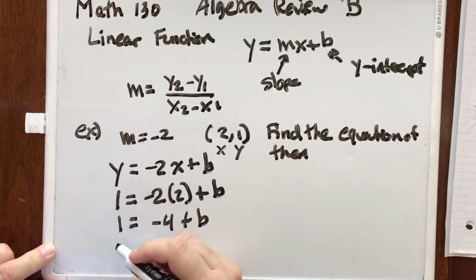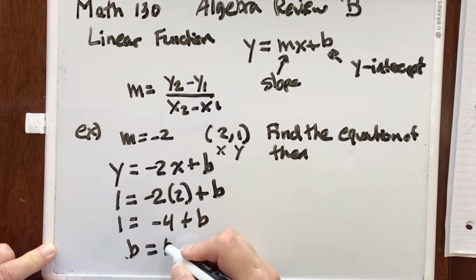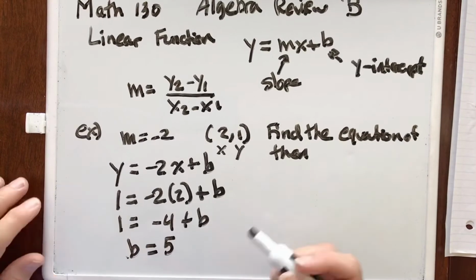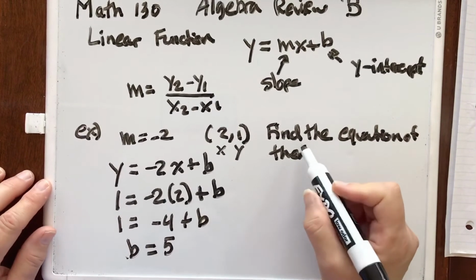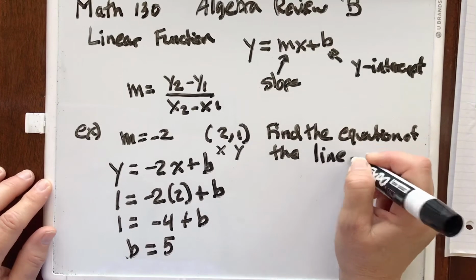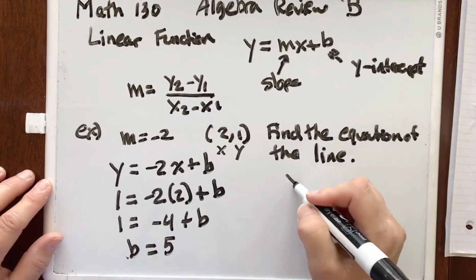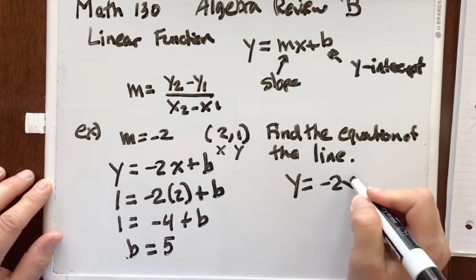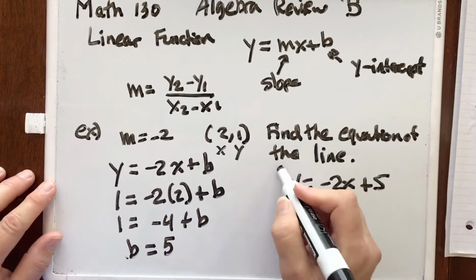We add 4 to both sides, and b equals 5. So the question was, find the equation of the line. We have y equals -2x plus 5.